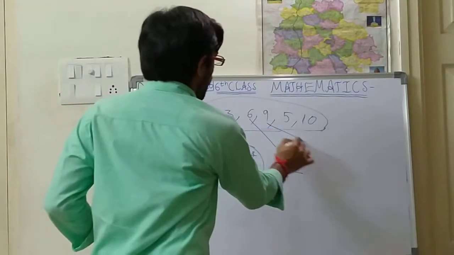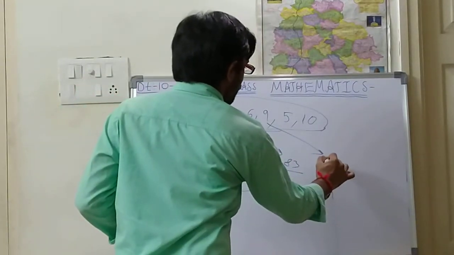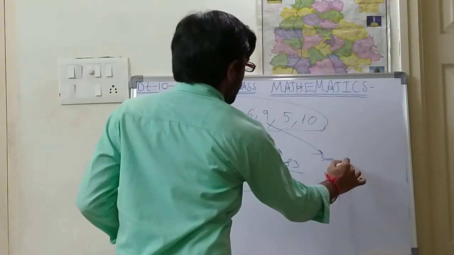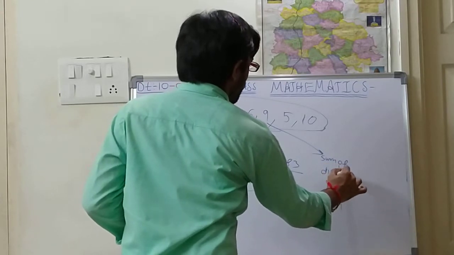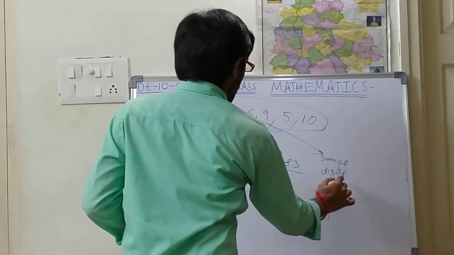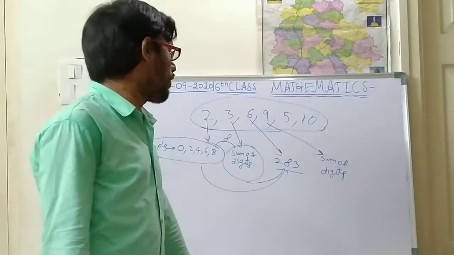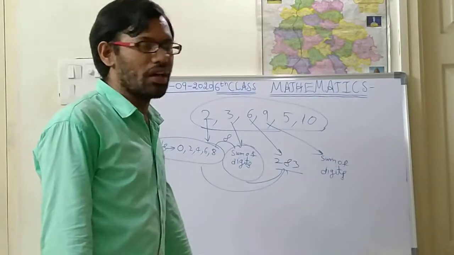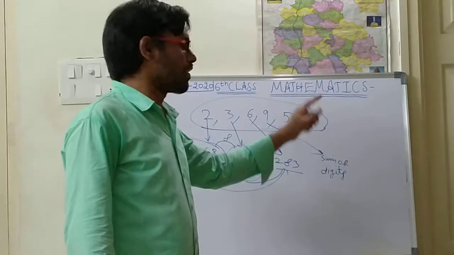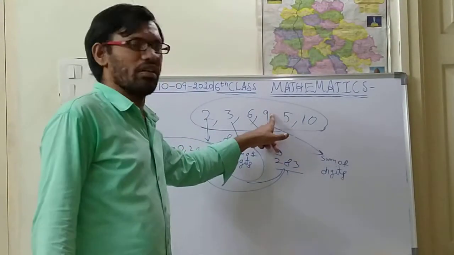Next, 9. How do you identify for 9? The sum of digits should be a multiple of 9. That means the result should be 9.